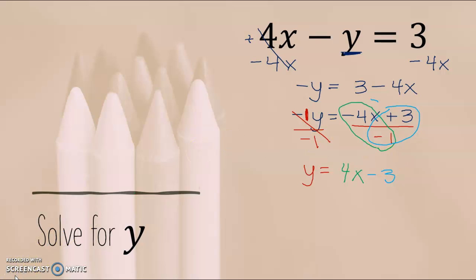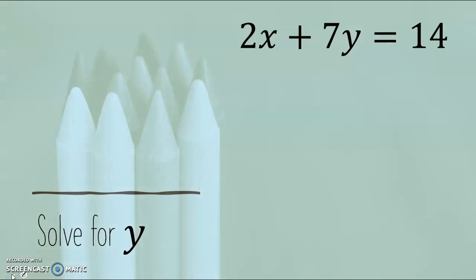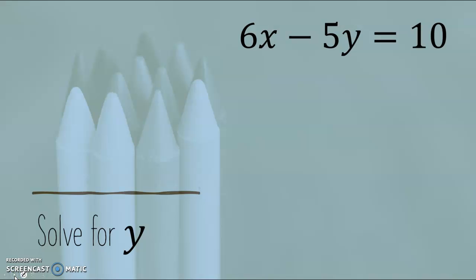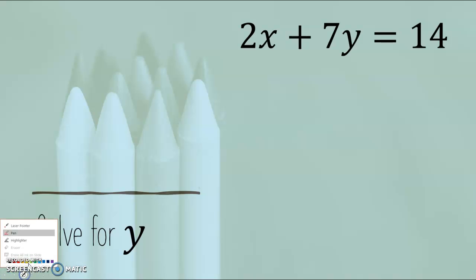All right, let's look at another one. So here we have a few more coefficients. We have 2 times x plus 7y equals 14. And again, we're trying to get y by itself. So just like in the other examples, we need to get rid of this 2x.